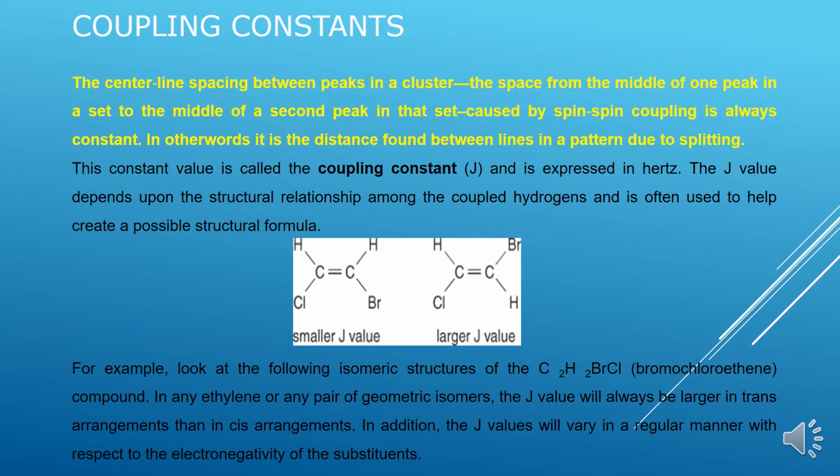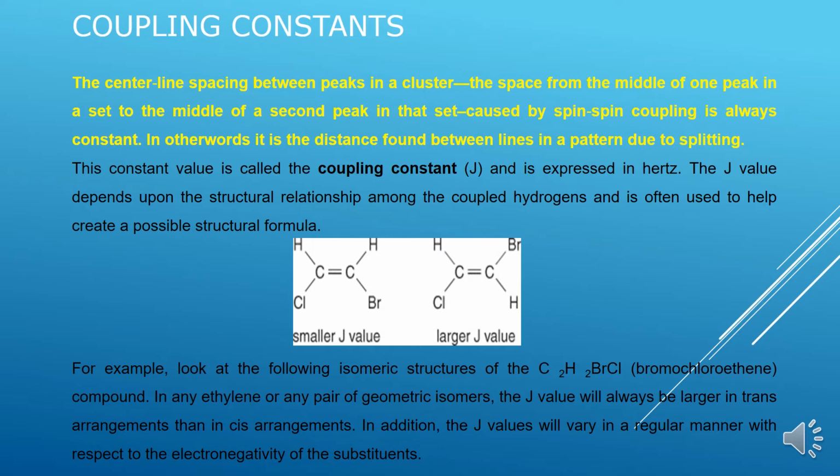In other words, it is the distance between the lines in the pattern due to the splitting. These constant values are called coupling constants, and are expressed in hertz only. The J values depend upon the structural relationship among the coupled hydrogens, and are often used to help create the possible structural formula.